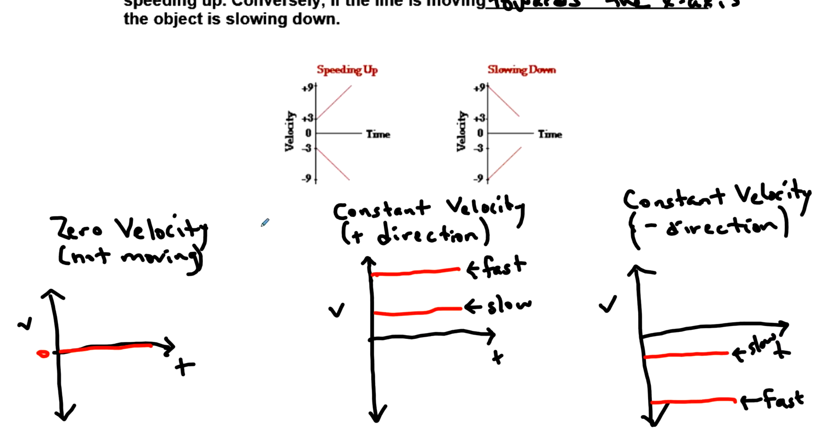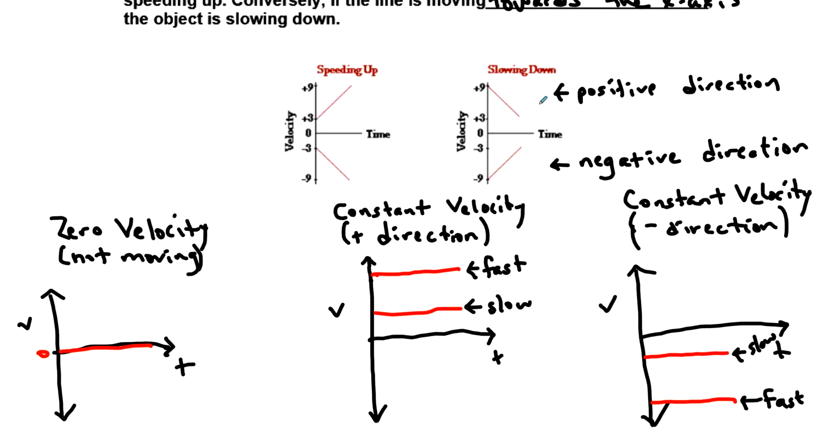Those are basically all the different scenarios you could run across in terms of the types of slopes that you'll find. To clarify, up here I should have labeled this positive direction, and when it's under here, it's negative direction. The same thing can be said of both this graph and this one.